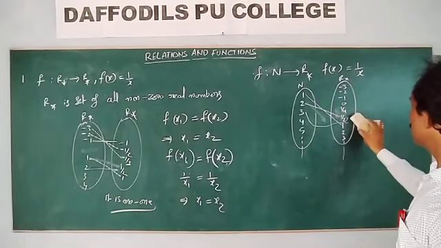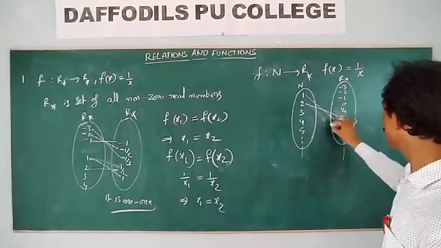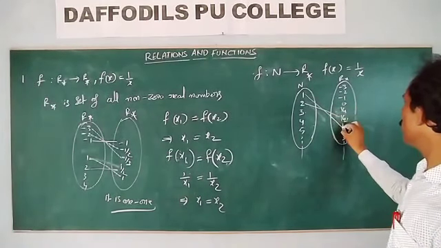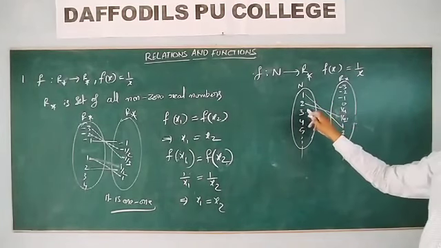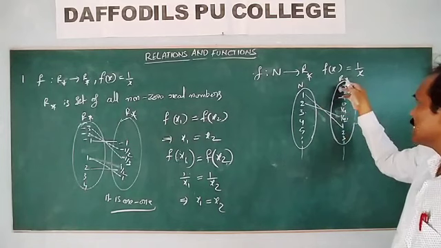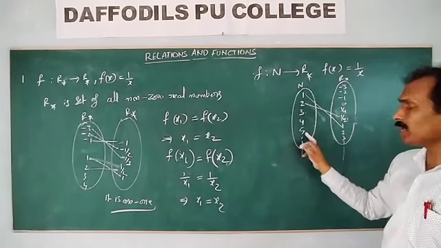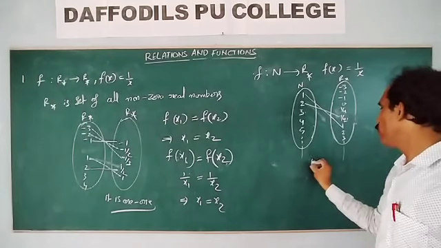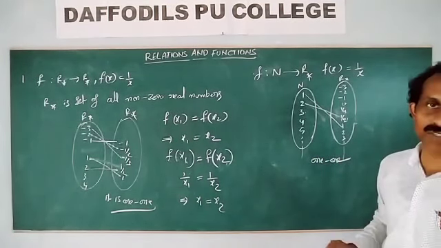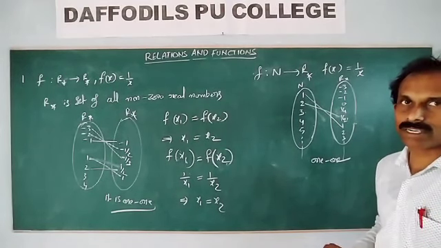Clear? Understand? Take the example: 1 means 1, 2 means 1 by 2, 3 means 1 by 3. The element 1 by 3 is possible in the set R star, non-zero numbers. Take 4, 1 by 4; 5, 1 by 5. So one-one is satisfied. Clear?